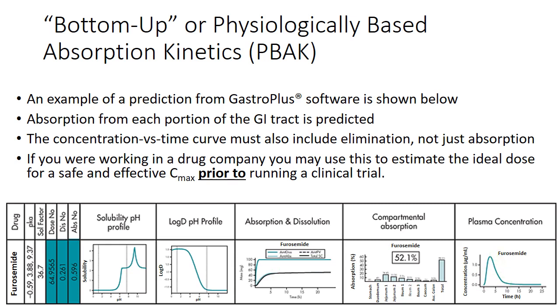So all these things are just predictions, and a lot of them are pretty accurate. If you were in a drug company, you could say, well, if our target blood concentration of furosemide is X or Y, whatever it is, in order to achieve that, this model tells me that I have to start with a dose of this or that.